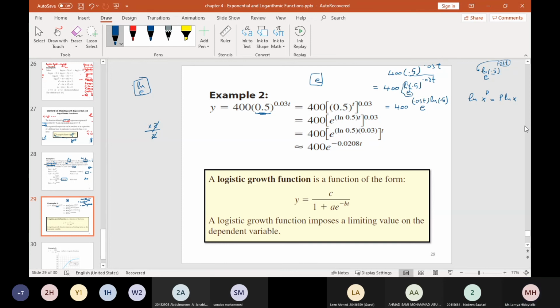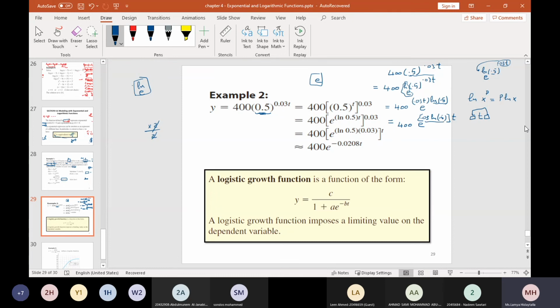So this is equal to what we do: ln 0.5, I have the calculator and can evaluate it, so it's as if I have a number times t. We just multiply this number by t, and I keep t as it is. So we can write it as 400 e to the power 0.03 times ln 0.5, and then times t.